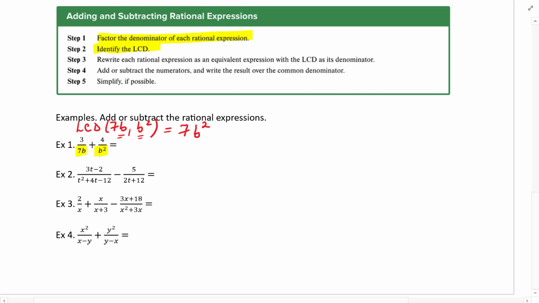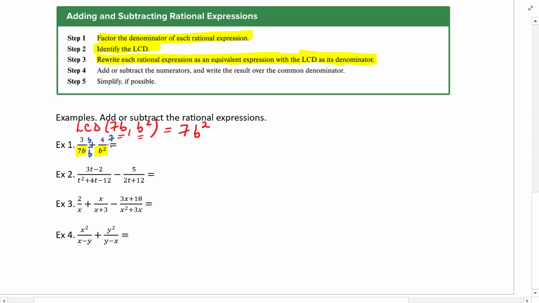So now, once we identify the LCD, rewrite each rational expression as an equivalent expression with the LCD at its denominator. So the first fraction, to have 7b squared at the denominator, we need to multiply it by b over b, because that way 7b times b, it's 7b squared.